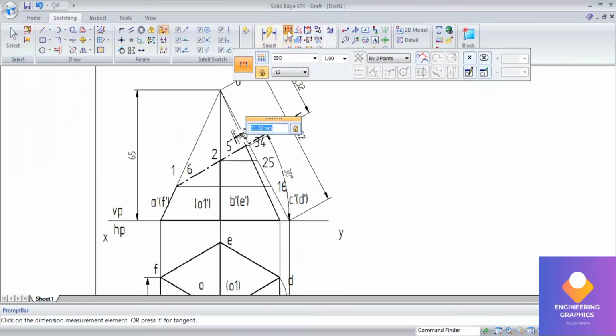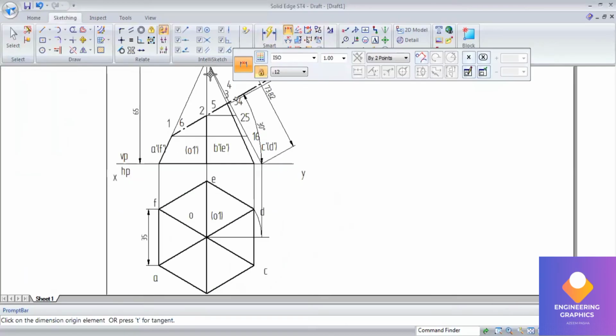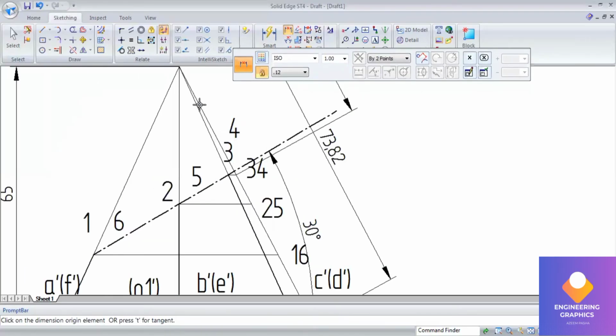Same way, end point and this distance can be measured and shown. Same way, end point and this horizontal distance.